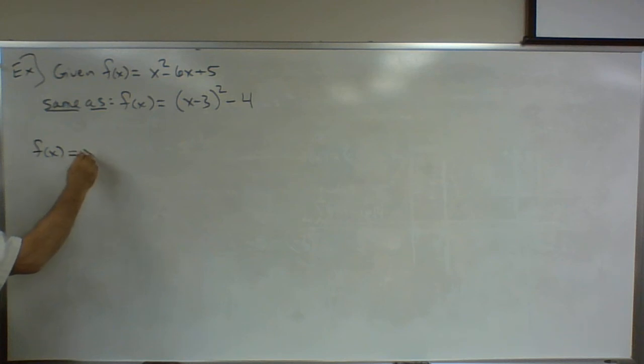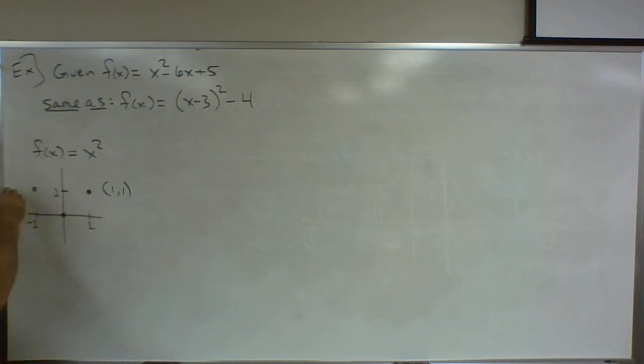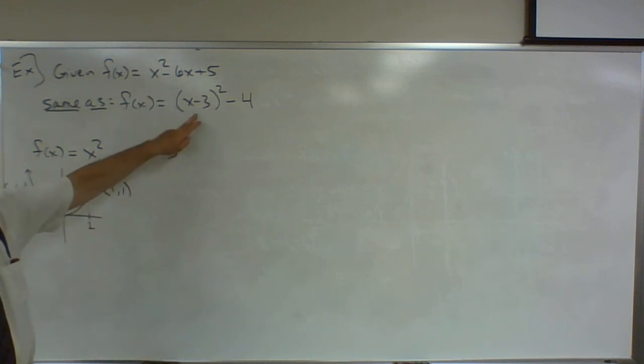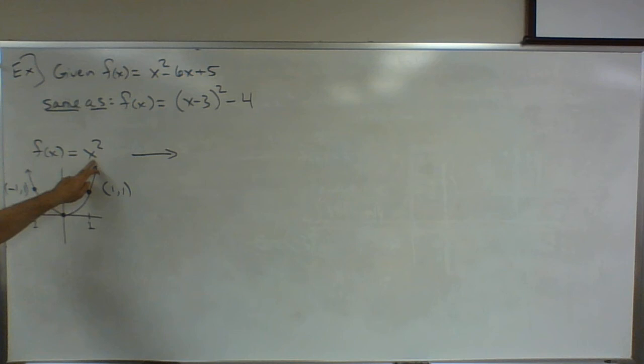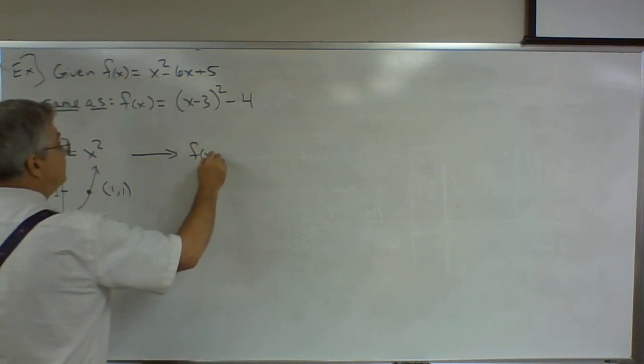F of x equal x squared. F equal x squared looks like this. Then I do my first alteration.